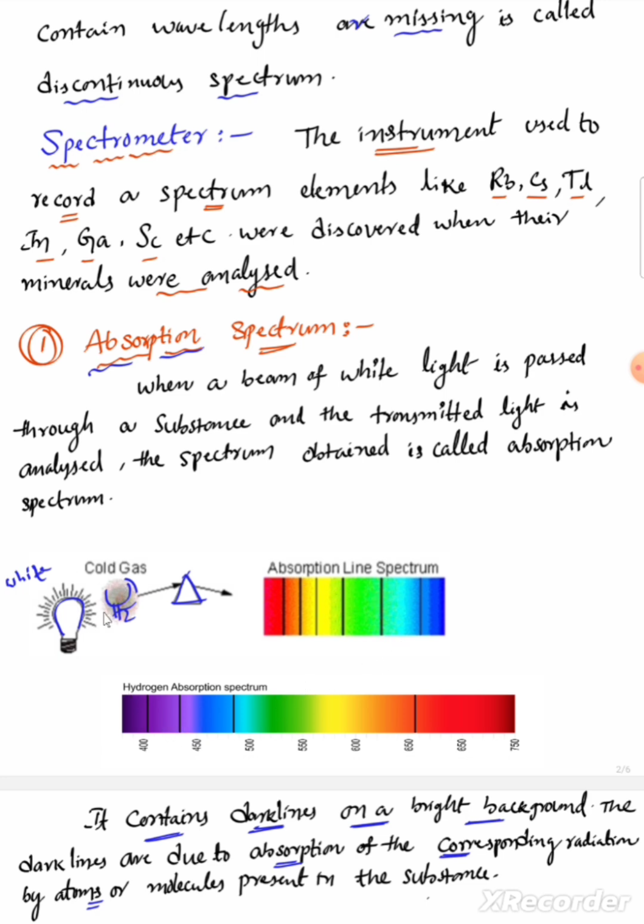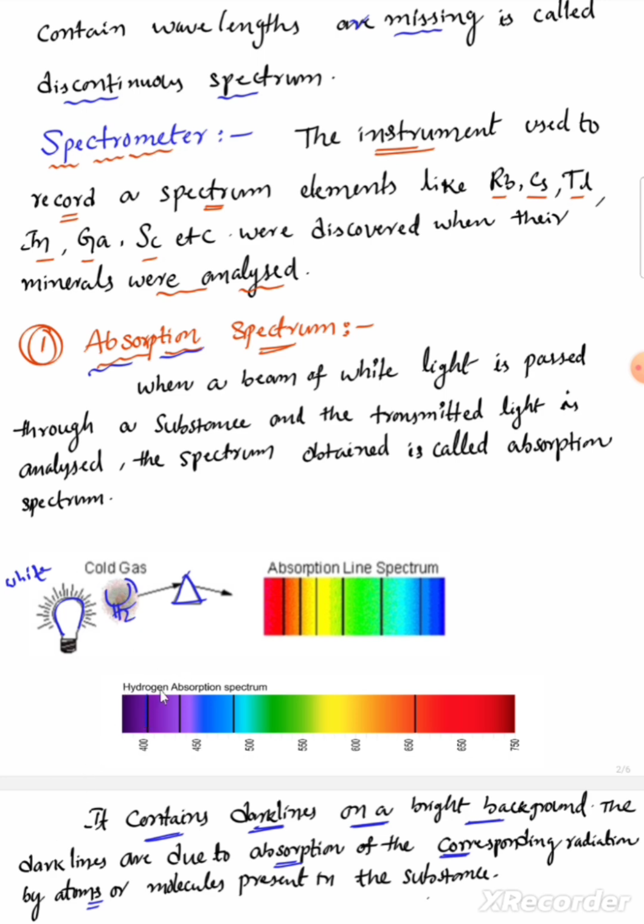When we take hydrogen as the substance, this is a bright surface. On the bright surface we are observing dark lines. That means these dark line wavelengths are missing, absorbed by this hydrogen.